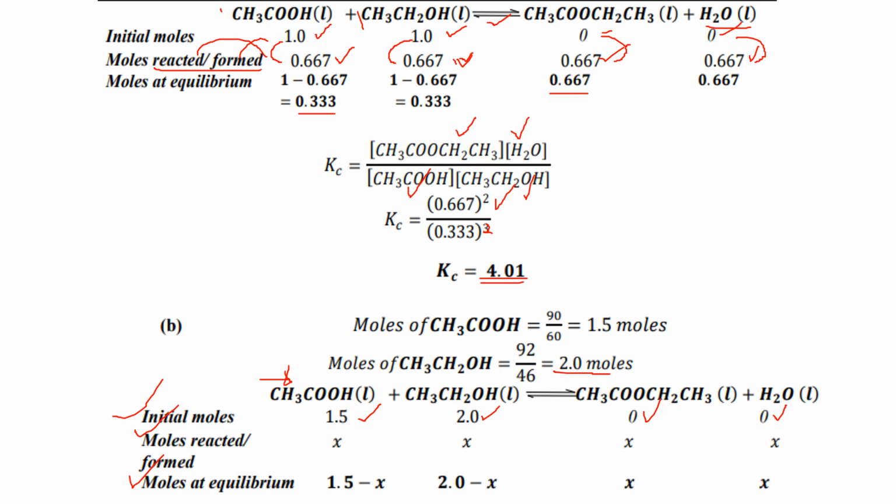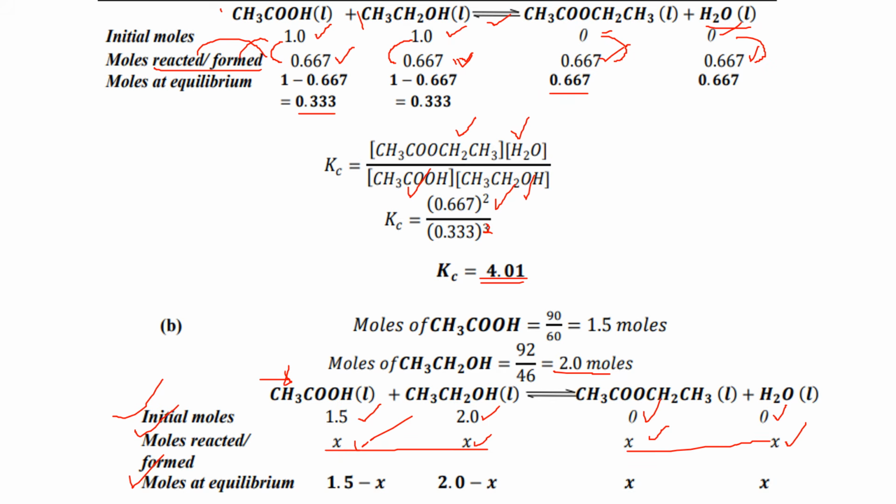On the second row you only need one value. So if this one is X, you're going to use the mole ratio to find the others. Since the mole ratio is 1 to 1 to 1, they are going to have the same moles that reacted or were formed, reacted for the reactant side and formed for the product side.